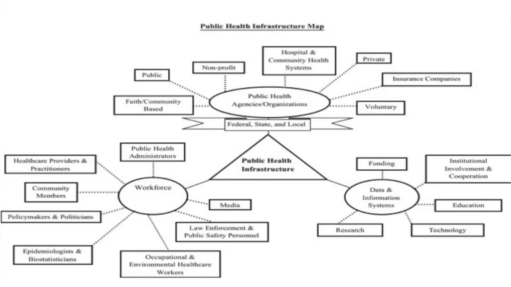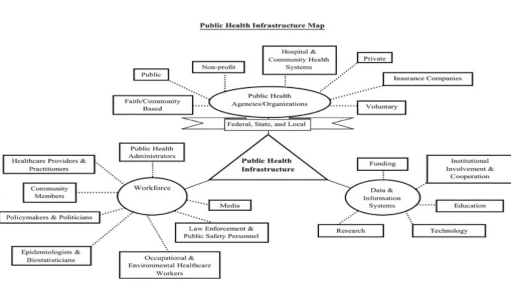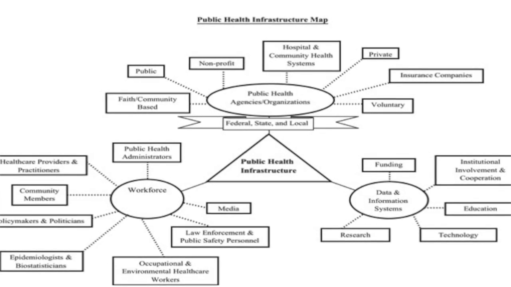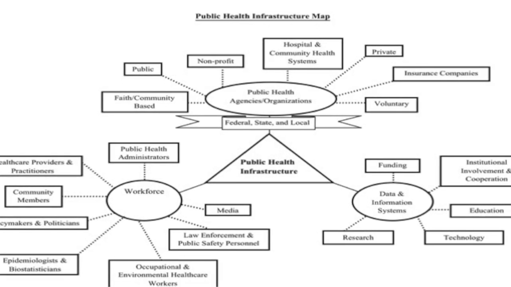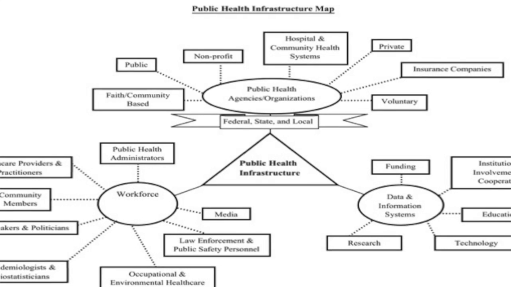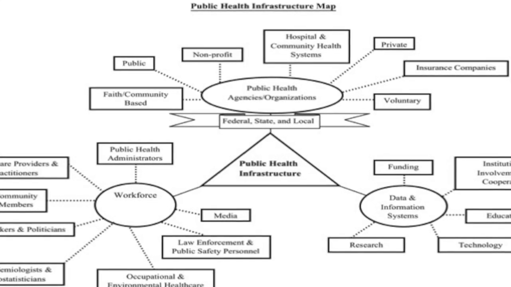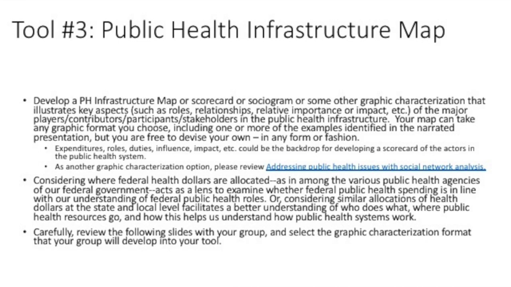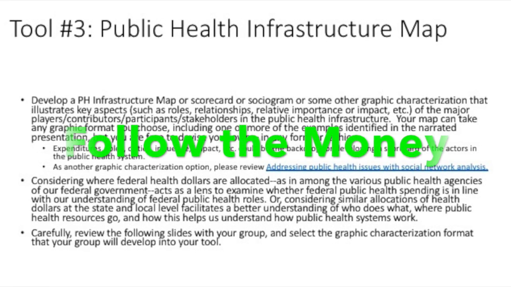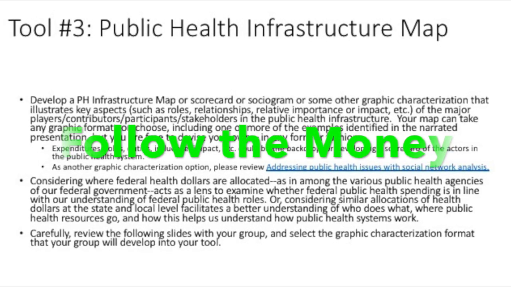As you are constructing your public health infrastructure map, consider where the federal health dollars are allocated among the various public health agencies of the federal government. Act as a lens to examine whether the federal public health spending is in line with our understanding of the federal public health role, or consider similar allocations of health dollars at the state and local level.